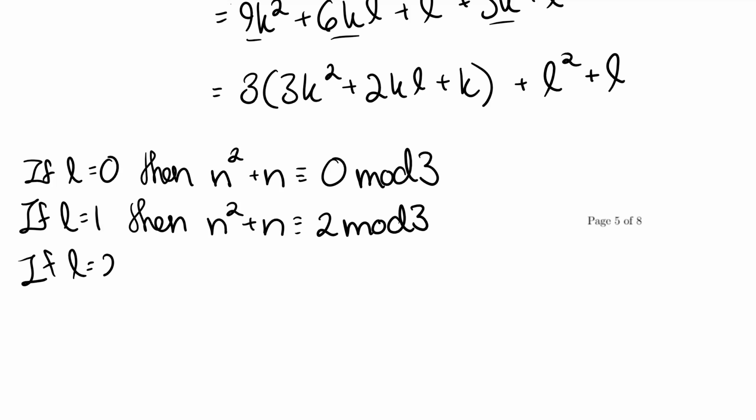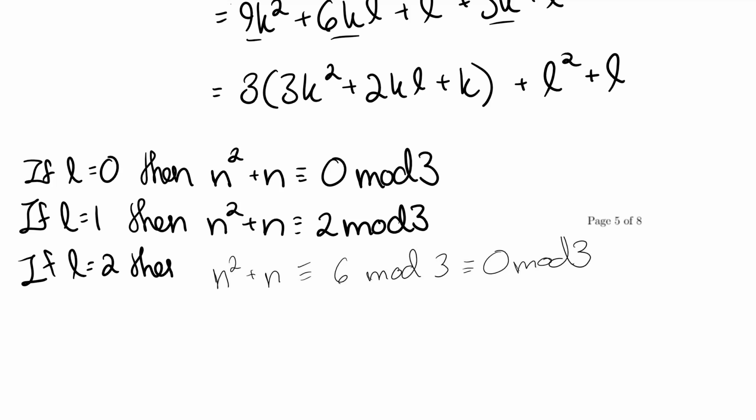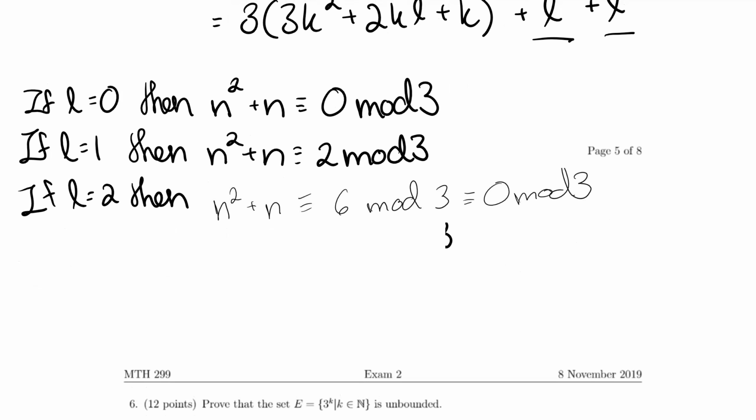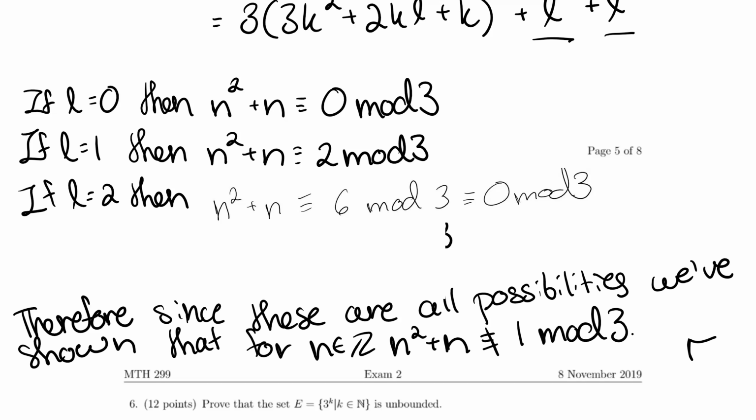All right, last but not least, if L equals 2, then n squared plus n is equivalent to 2 squared, that's 4, plus 2, so that would be 6... so 5 mod 3. Okay, but what is 5 mod 3? If we subtract 3 from it, we would get 2 minus 3 mod 3. But 3 in mod 3 is just 0. So we have 2. Okay. Therefore, since this is all our scenarios, we have proven it. All right, so pretty cool.